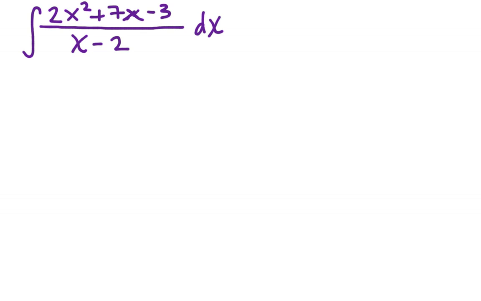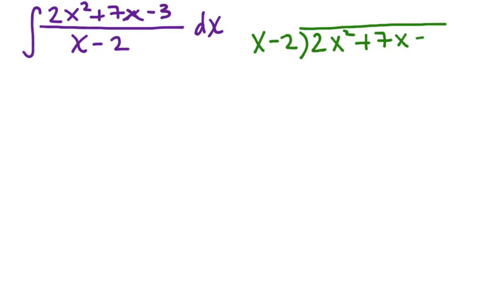So what I'm going to do is simplify and rewrite this integrand by doing long division. So I am going to divide this out. Remember doing this? I guess you could do synthetic division if that's your choice. I'm going to do long division for now.